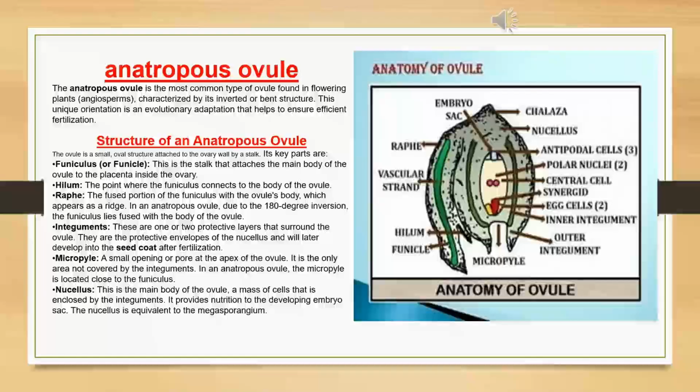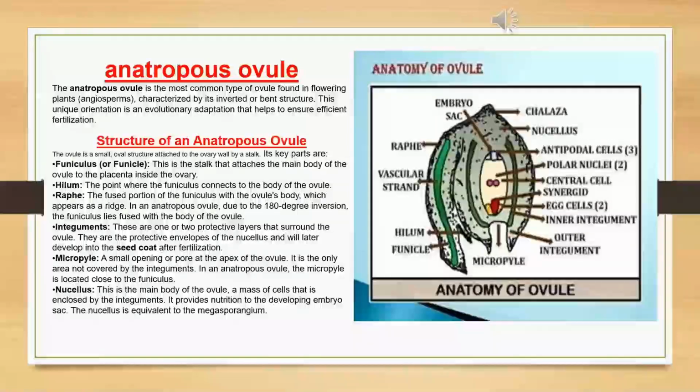The second one is the hilum, the point where the funiculus connects to the body of the ovule. The third one is the raphe, the fused portion of the funiculus with the ovule's body, which appears as a ridge.